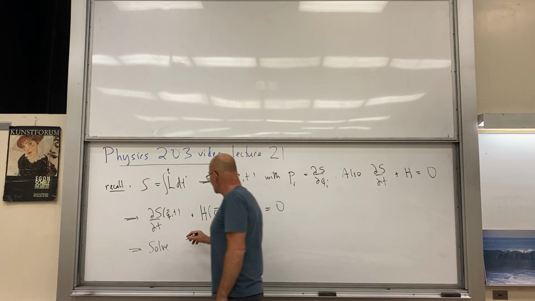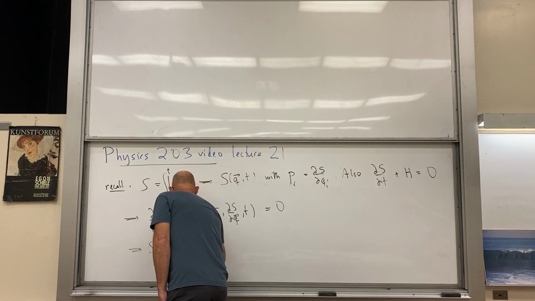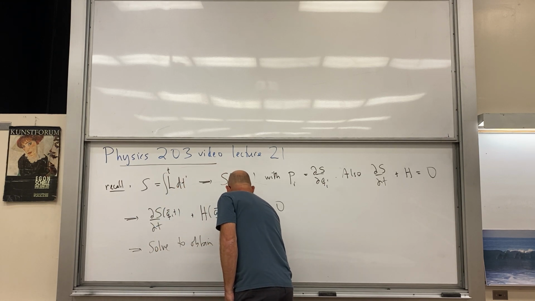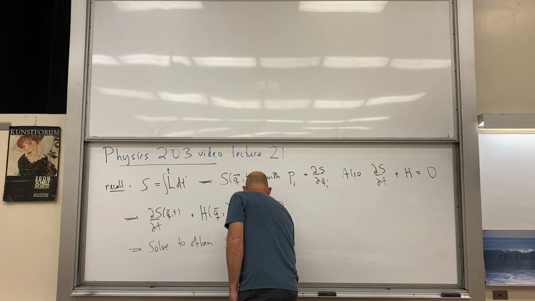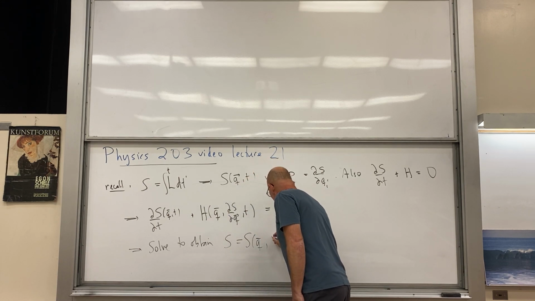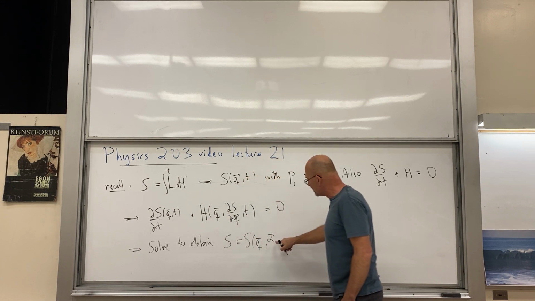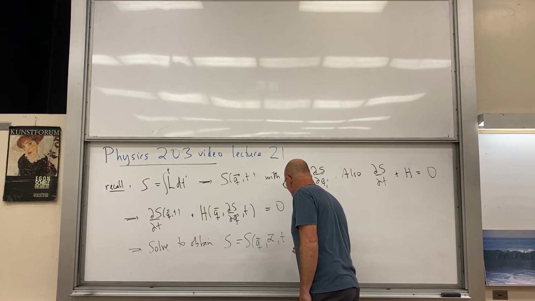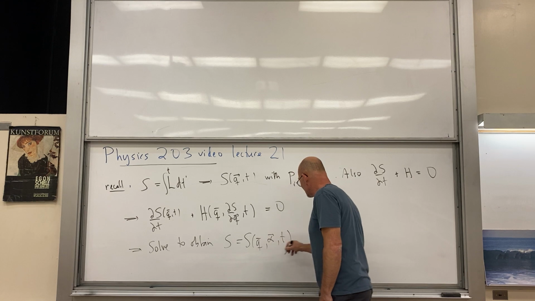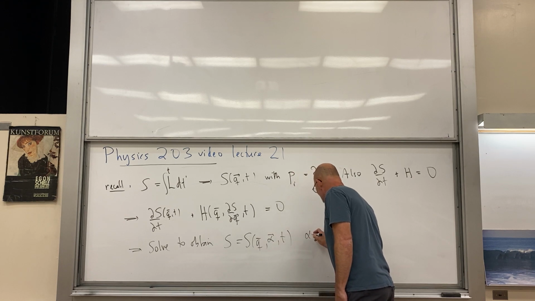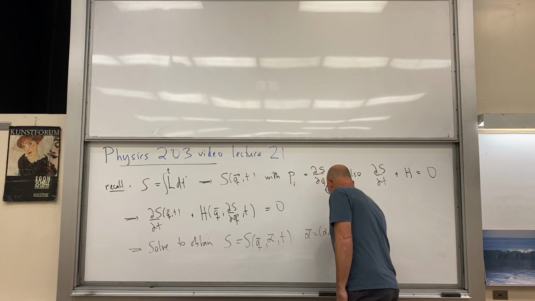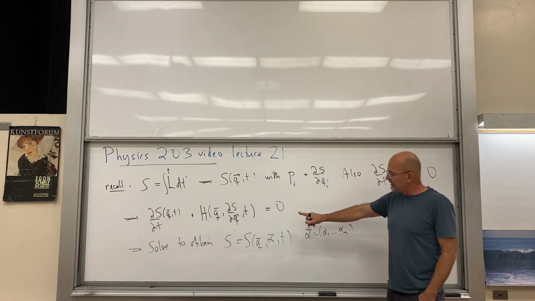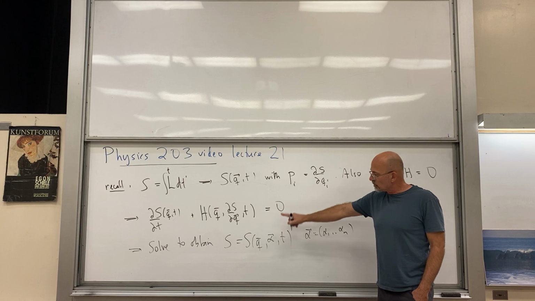So you solve it to obtain S equals S of the coordinates, n constants alpha 1 through alpha n, and time. The alpha sub 1 to alpha sub n are integration constants for a partial differential equation of this type.